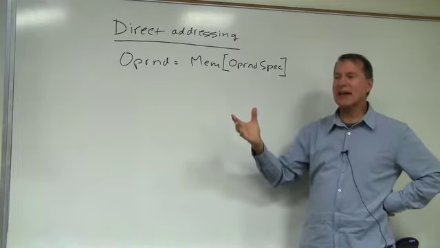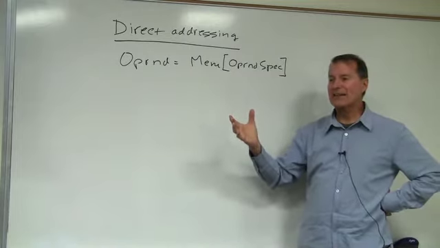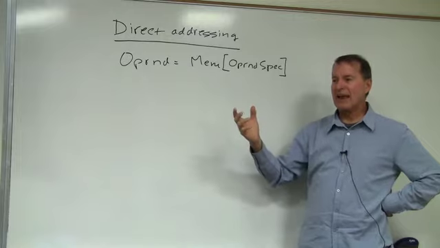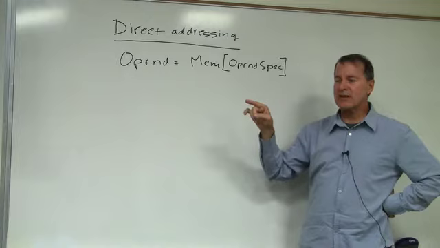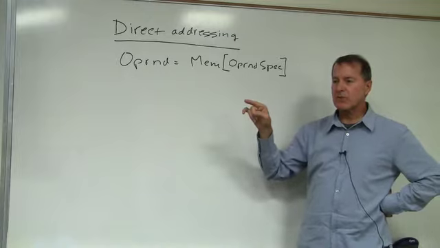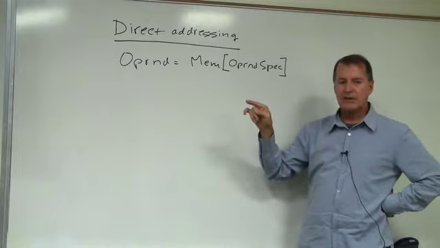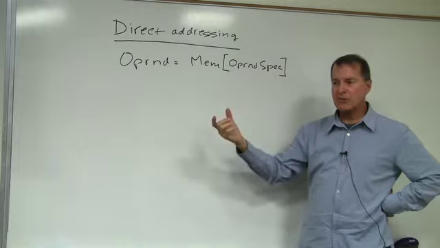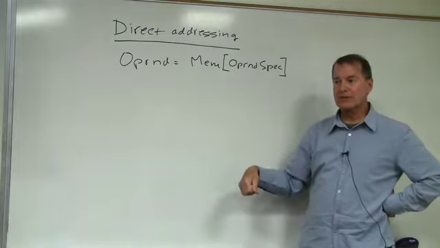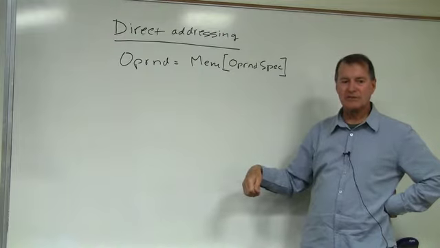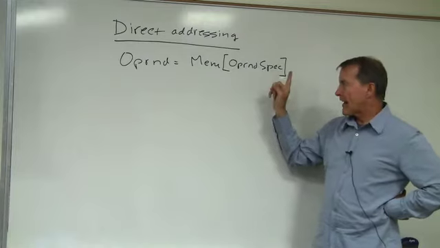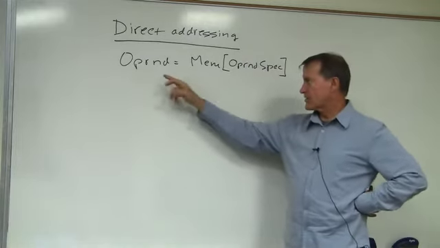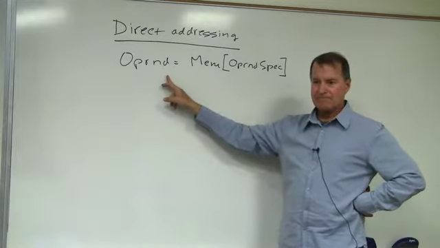It's like a big hardware array in your computer, and the address is the index. And what was the range of the index? The smallest one was 0, and the largest one was 64K.